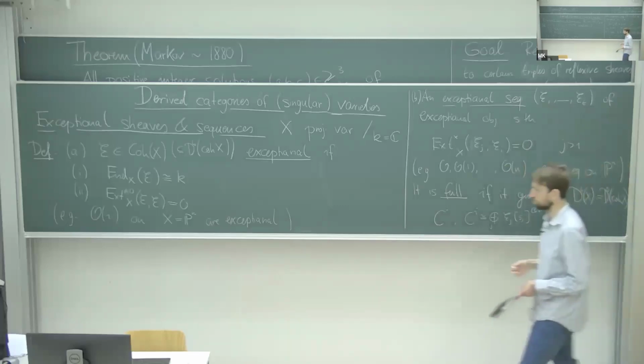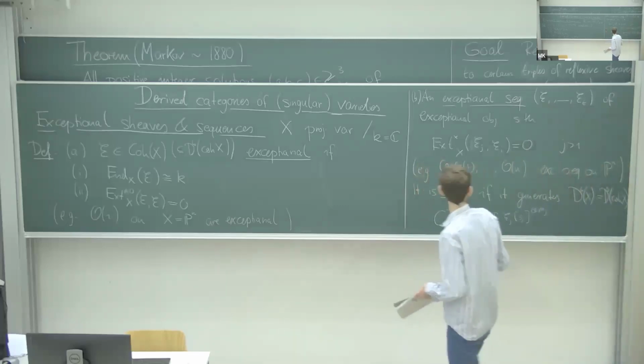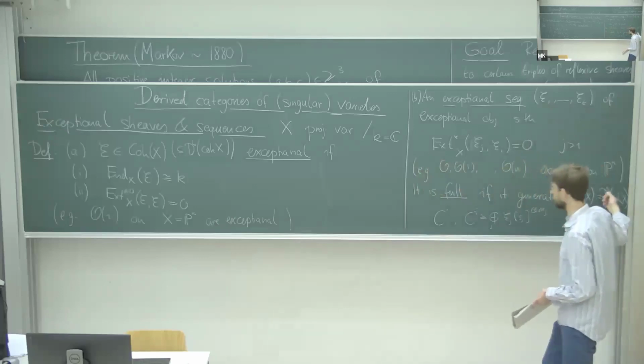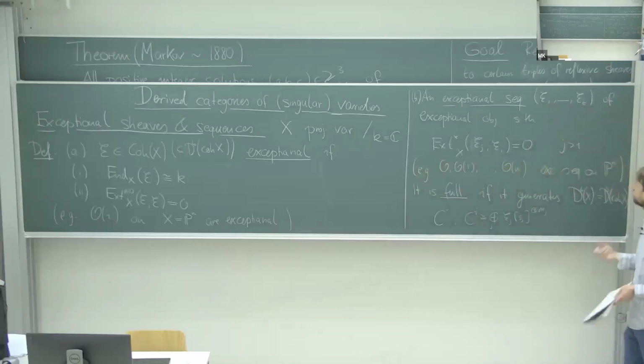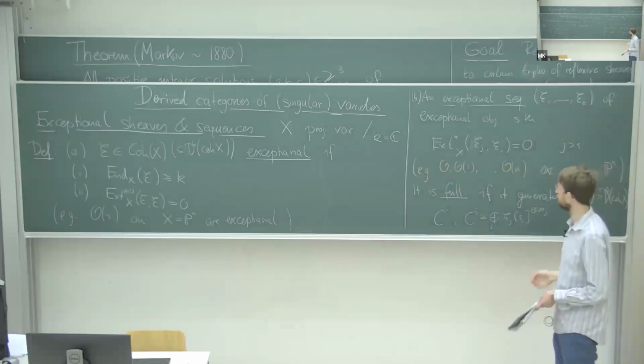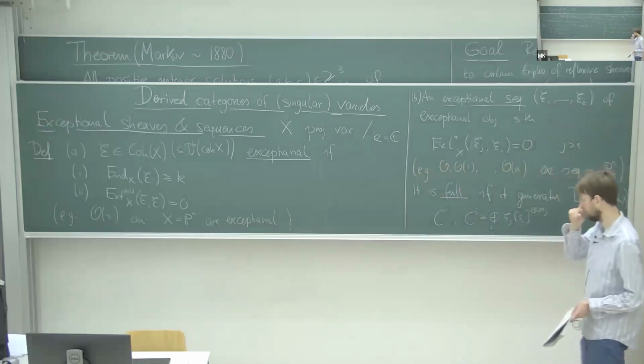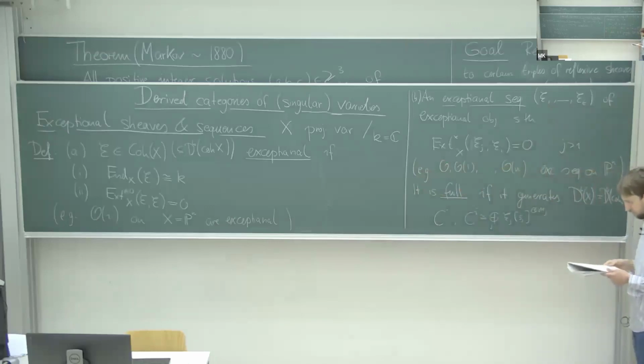Yeah, so in other words, every object in our derived category can be produced from these by taking iterated cones and shifts.